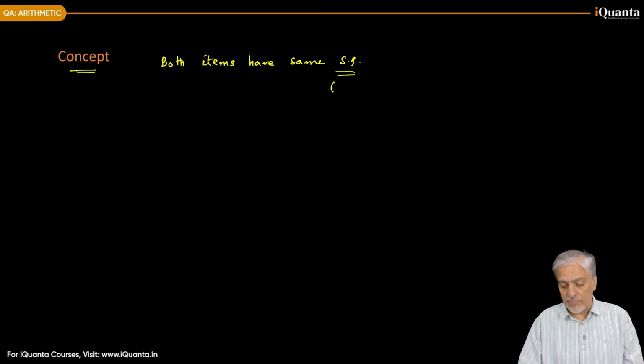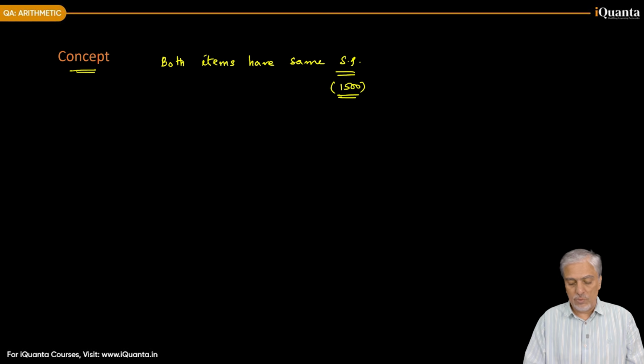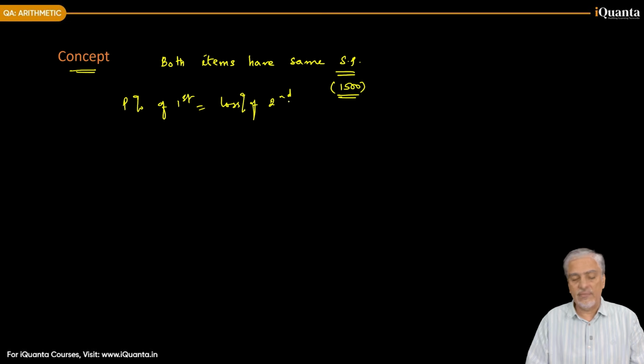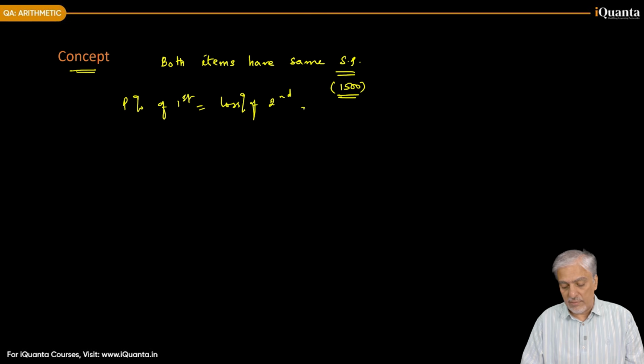So in our case, both of them had a selling price of 1500. And profit percentage of first should be equal to loss percent of second. That means in that case, they told us that 25% profit is made and 25% loss is made. So that in this case was 25%.